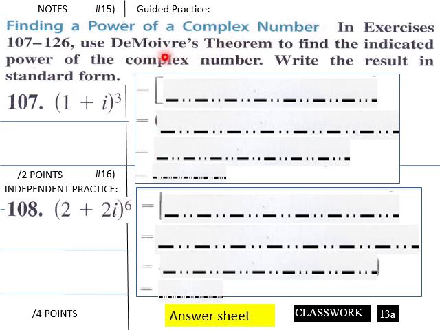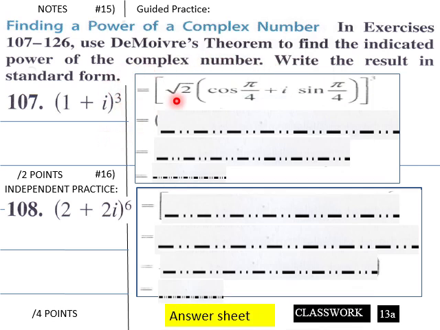So let's try one. Use de Moivre's theorem to find the indicated power of the complex number. We have (1 plus i) cubed here, and down here for the independent practice we have (2 plus 2i) to the 6th power. To find the indicated power of the complex number, write the result in standard form.